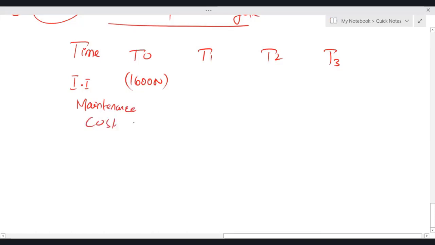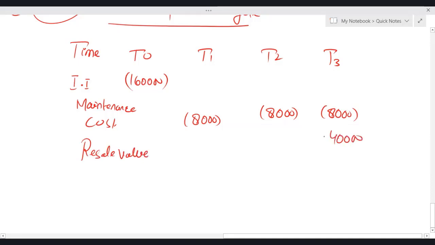Maintenance cost is 8,000, resale value is 40,000. There's no other cash flow. Now the discount rate, instead of 8%, is 10%.